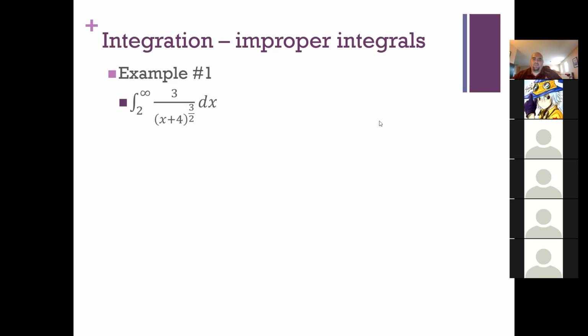Okay, I got a vote for converge. Anybody else want to agree with that or vote for diverge? Okay, well, I got one vote of each, so let's take a look at it.